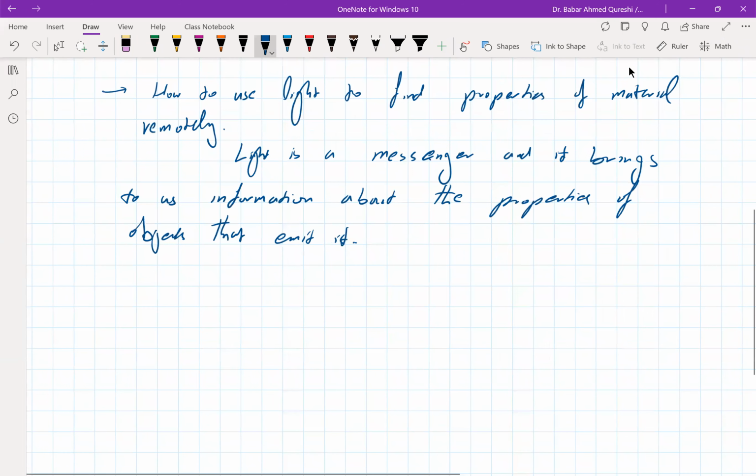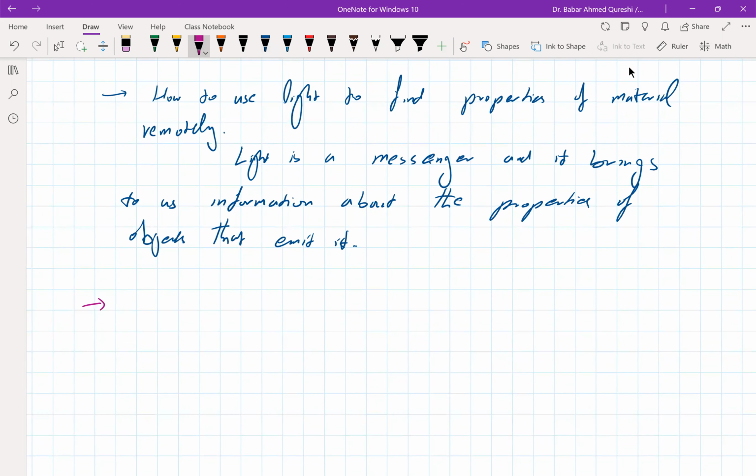What information can we retrieve? We discussed a couple of things. For example, we discussed various kinds of spectra.